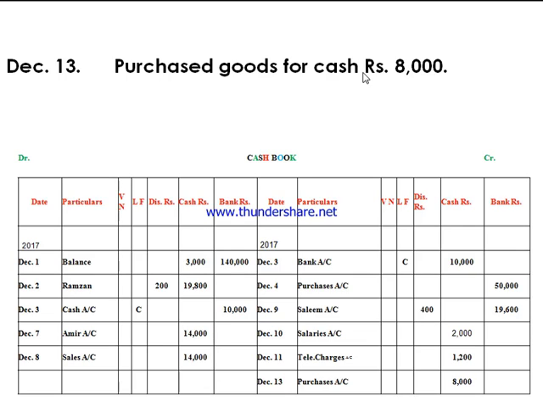Again, a payment transaction exactly like the previous two, like our salaries and telephone charges. Similarly, write the date, purchase, the reason why the cash is going out from the business. In the cash column, we will write down 8,000 rupees.